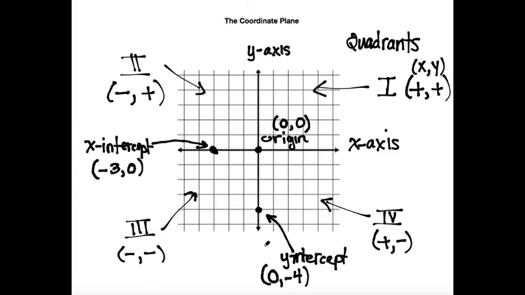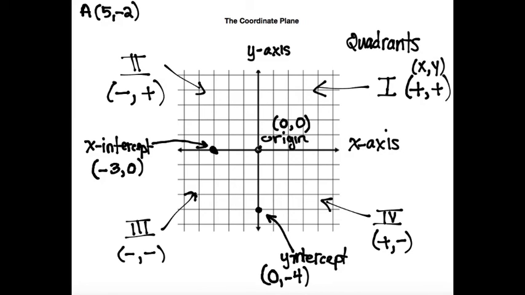Let's label a few points. Let's go ahead and plot the point 5, negative 2. We'll call that point A and we'll label it 5, negative 2. You always start at the origin, and the first value is the x value, so that's telling you whether you're going to go left or right.